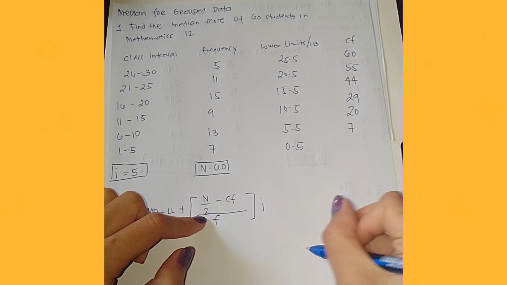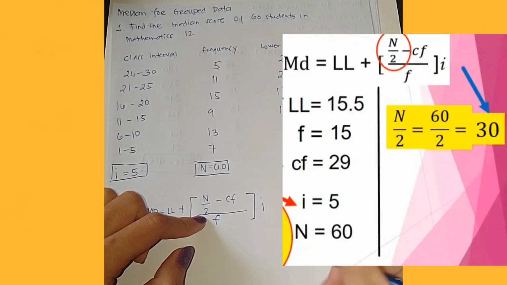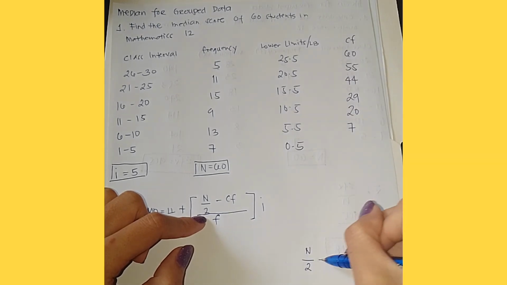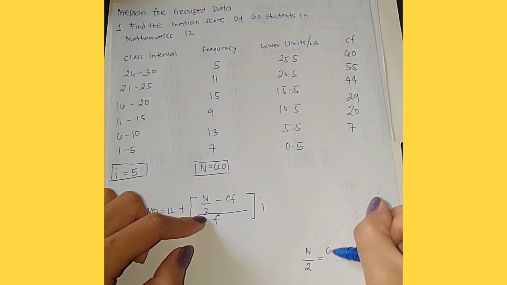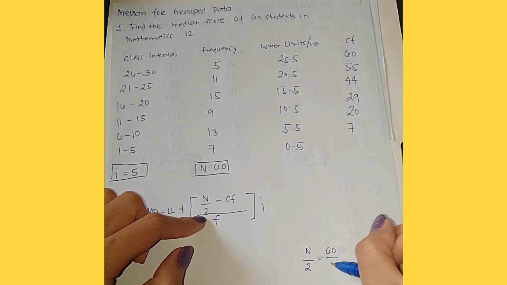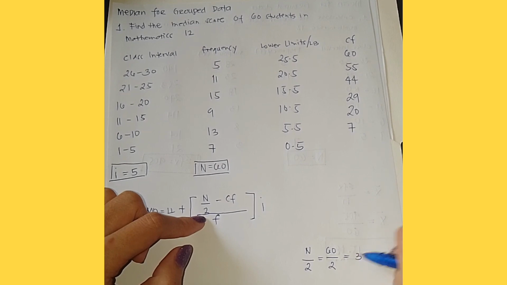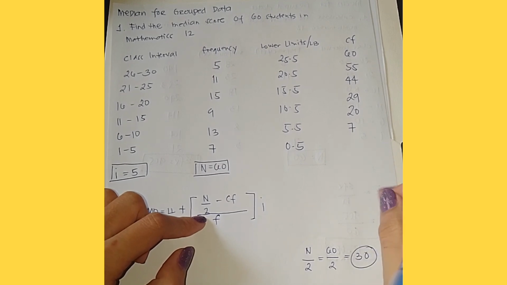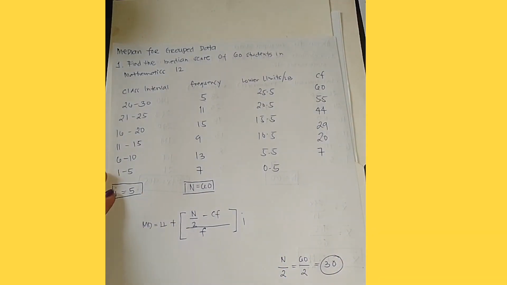Since our n is 60, then divided by 2 is equal to 30. So, now we proceed.